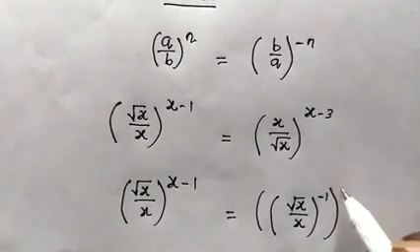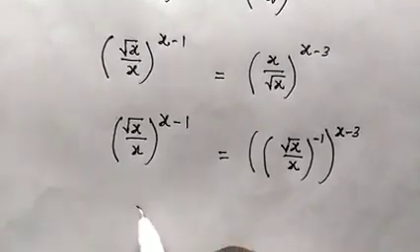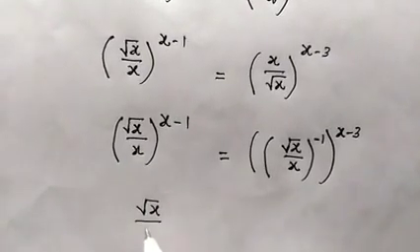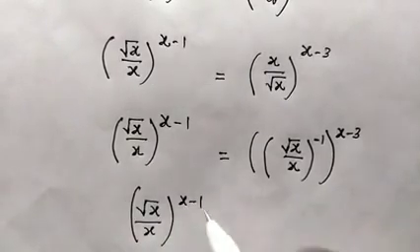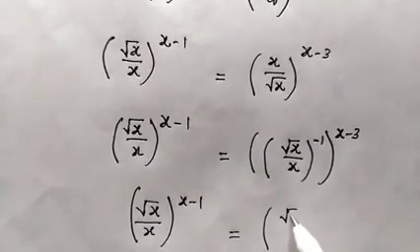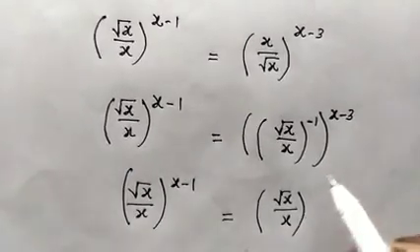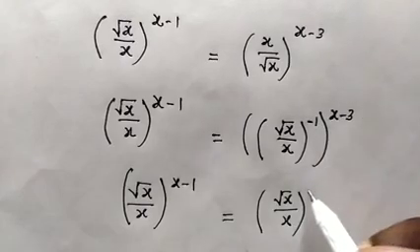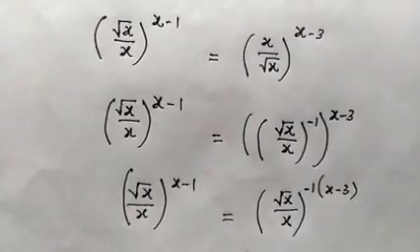And then remember, we have this x minus 3. So from here now we have (root x all over x) whole raised to the power of x minus 1. This is going to be equal to root x all over x, then whole raised to the power of negative 1 times x minus 3.